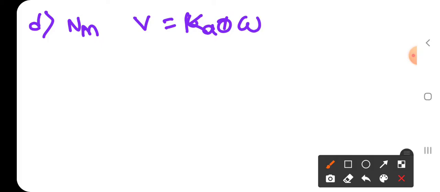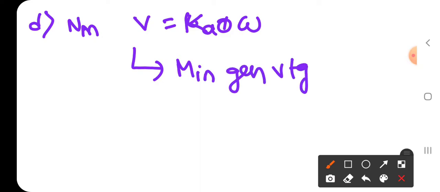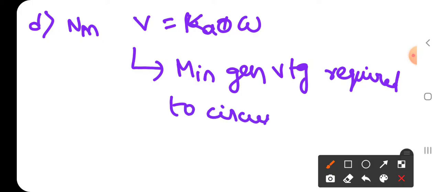Here V is the minimum generated voltage required to circulate 250 amperes.